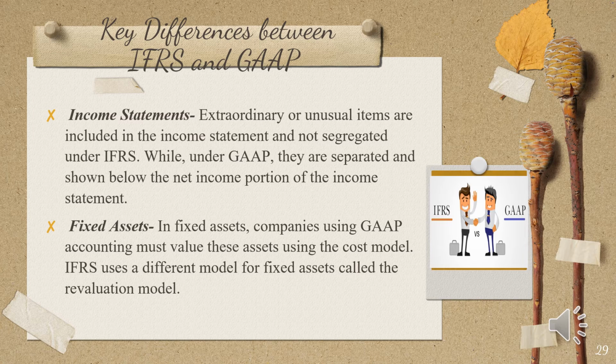Next, fixed assets. In fixed assets, companies using GAAP accounting must value these assets using the cost model. IFRS uses a different model for fixed assets called the revaluation model.